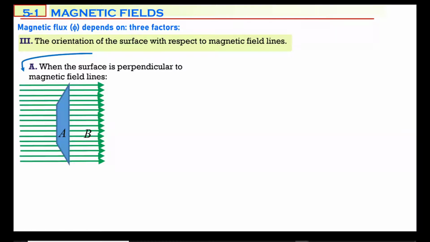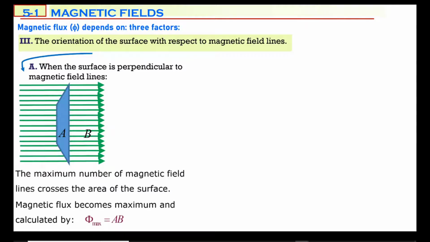So here the magnetic flux is maximum, and it is calculated by multiplying the area of the surface by the magnetic field intensity. We multiply these 2 and get the magnetic flux through this area.